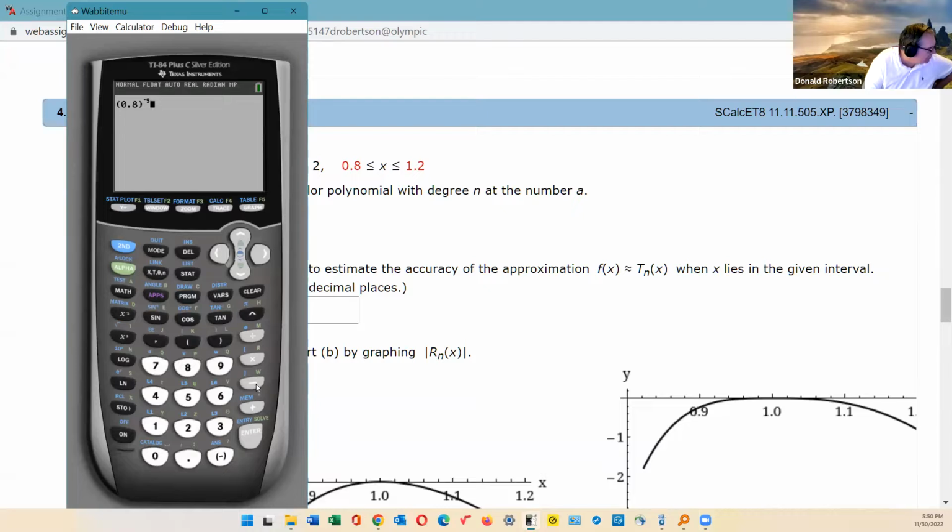Then I'm going to do take away, and I'm just going to put brackets around it because that's the easiest way of doing this. And it's 1 minus 9 times x minus 1. So what's that? 0.8 take away 1. Finish off the bracket.